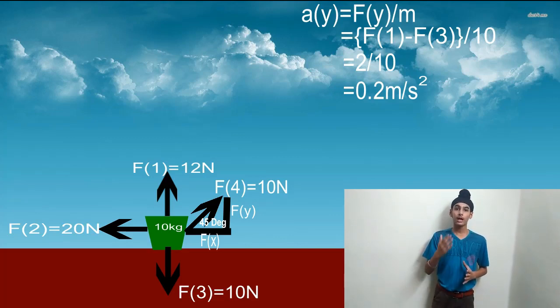So now we know that acceleration in the x-axis will be 1.5 meter per second square and in the y-axis will be 0.2 meter per second square. Now we have understood how to calculate mass, acceleration and force by using Newton's second law of motion. So now we can move on to Newton's third law of motion or law of action-reaction.